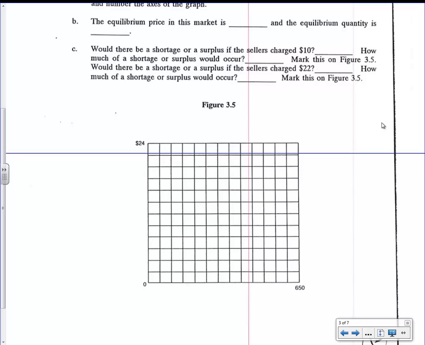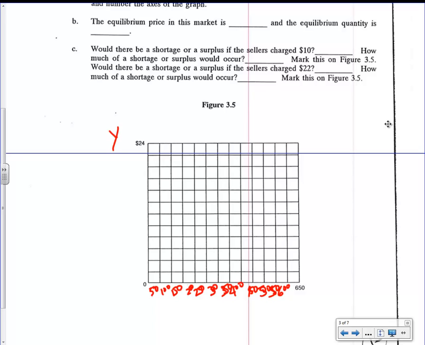It tells us that we're going to put these at 50, 100, 150, 200, 250, 300, 350, 400, 450, 500, 550, 600, and 650.